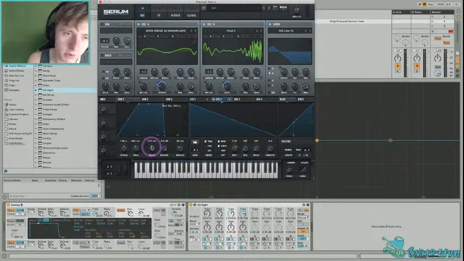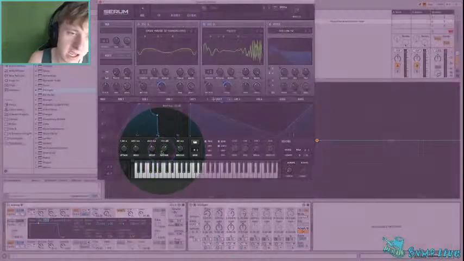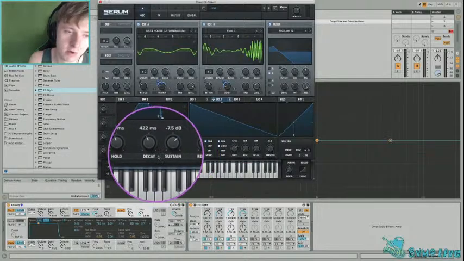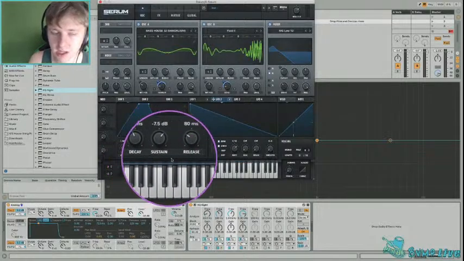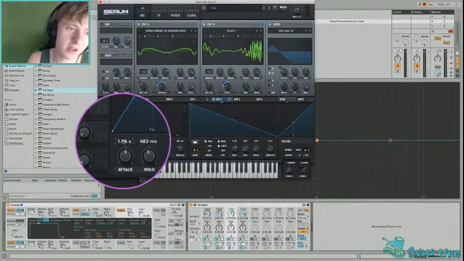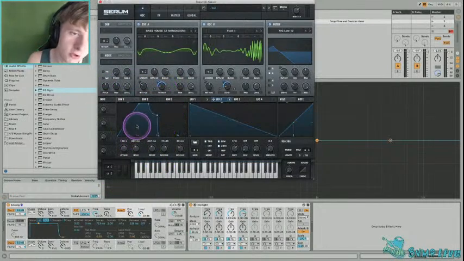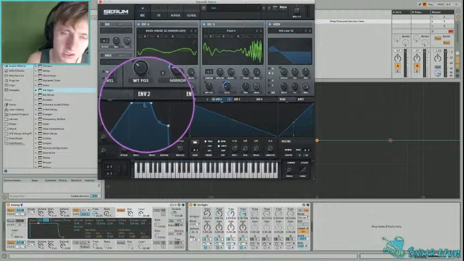And to better demonstrate what decay does, I will turn down sustain. Now, I'd mentioned that one of these was a level. Sustain is basically the level that the decay decays to. Again, the attack goes up for 1 second, and then it holds for 483 milliseconds once it gets to this peak.